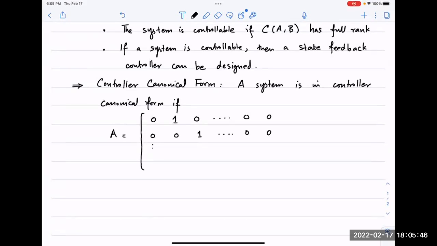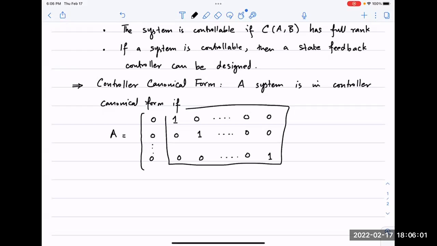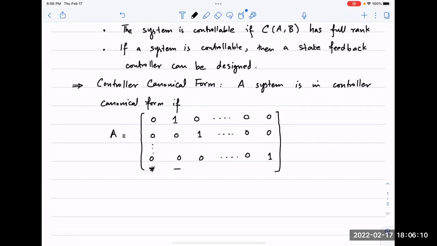So there's an identity in this block here. The last row is all the coefficients, and these are important. And the B matrix is essentially all zeros except the last entry, which is 1.